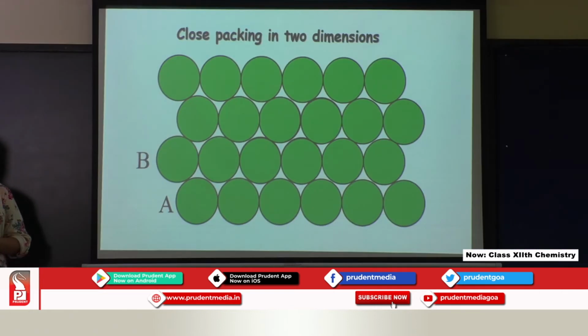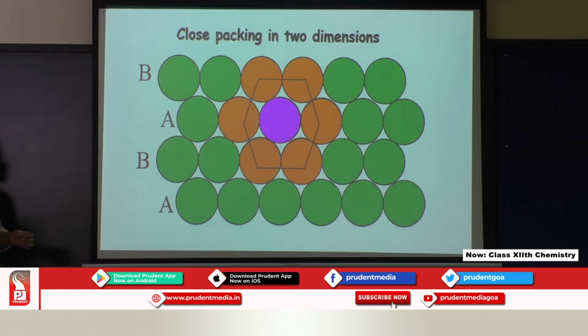Let's check the coordination number of a sphere in this type of arrangement. The coordination number is 5, and if I join the centers of each of these spheres, we get a hexagon. Hence, this type of packing is called ABAB type of packing or hexagonal close packing.